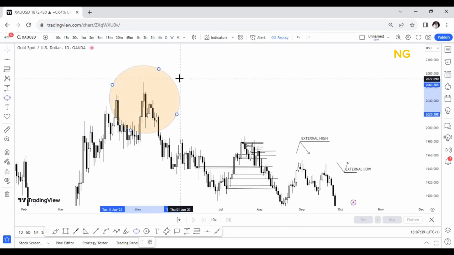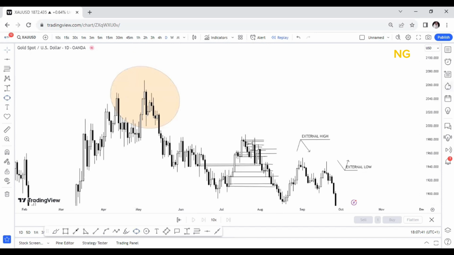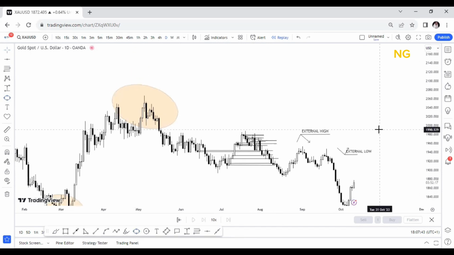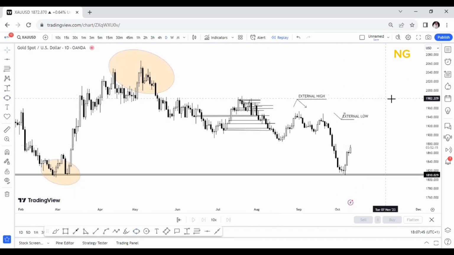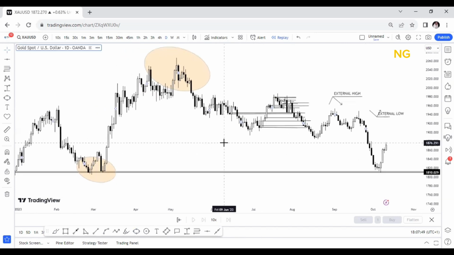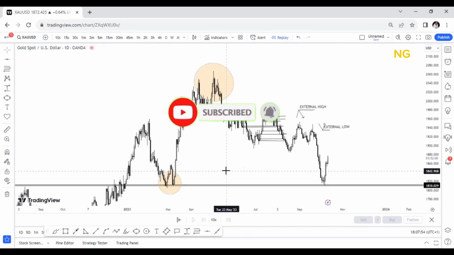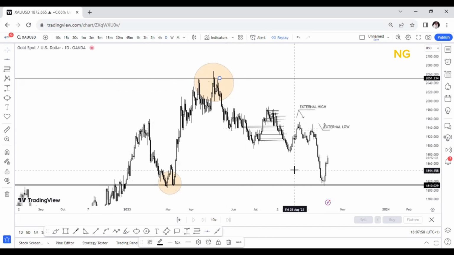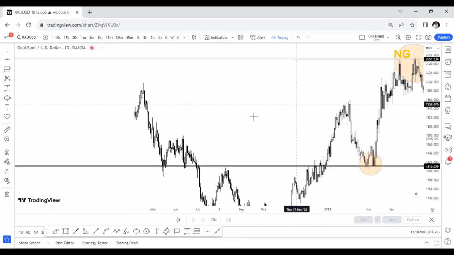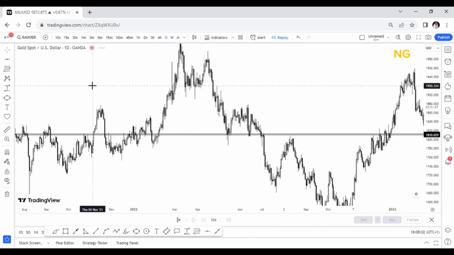Those are the two key areas, and the price is within this range. This is how price will continue to move as you come to December or whatever. You must discover that range first. Price is going to move between these levels, up and down. That's the range.